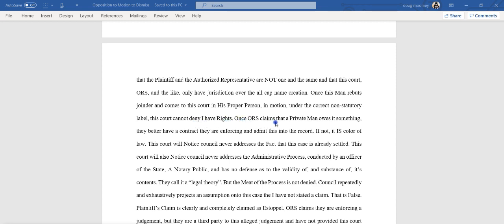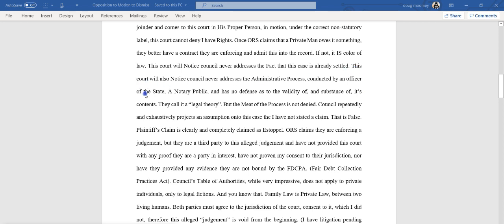Once ORS claims that a private man owes it something, they better have a contract they are enforcing and admit this into the record. If not, it is color of law. This court will notice counsel never addresses the fact that this case has already been settled.